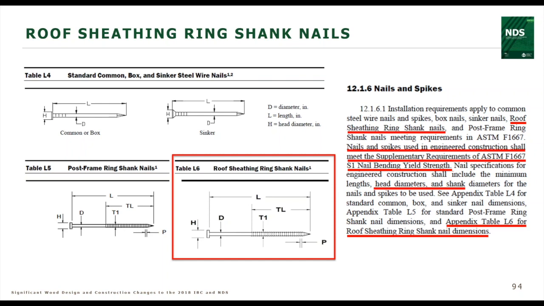There was also some additional language added about head diameters because that's required for the new head pull-through design provisions. There was also some language about threaded hardened nails in section 12.1.6.2. That was removed and replaced with a new provision for other deformed shank nails, and that's in a new section 12.2.3.2 D, that we're going to take a look at as well.